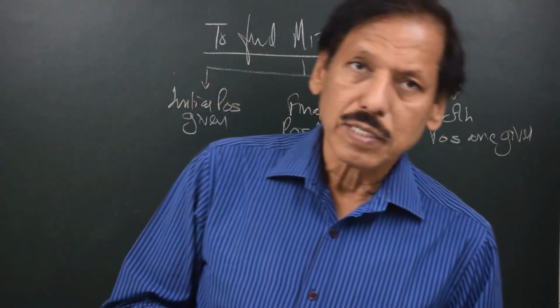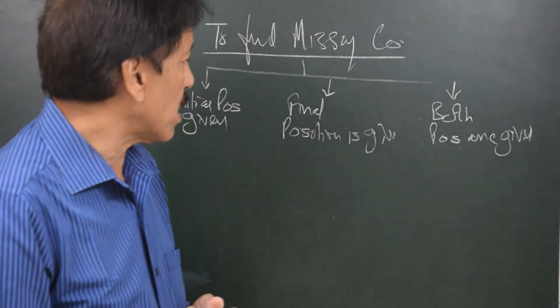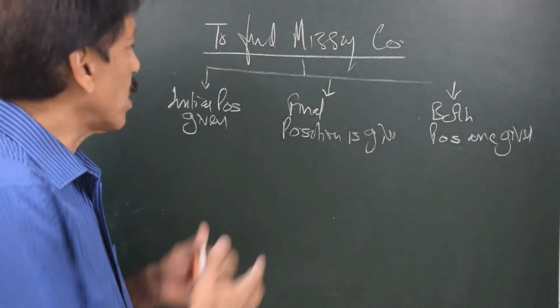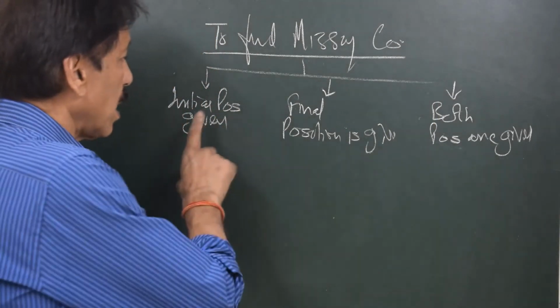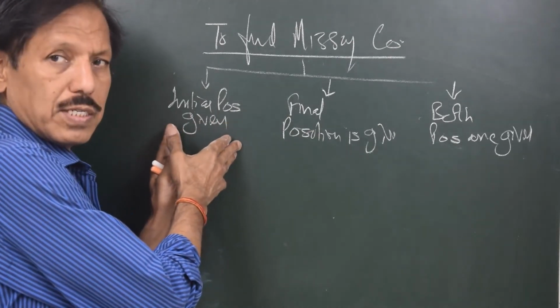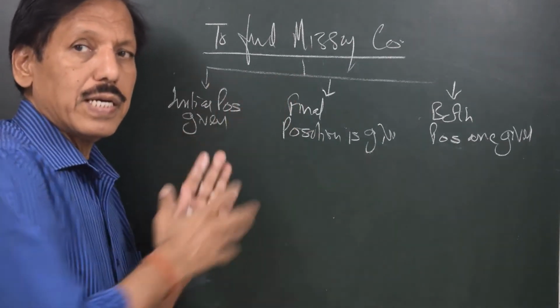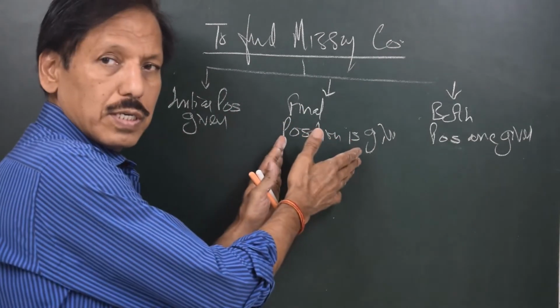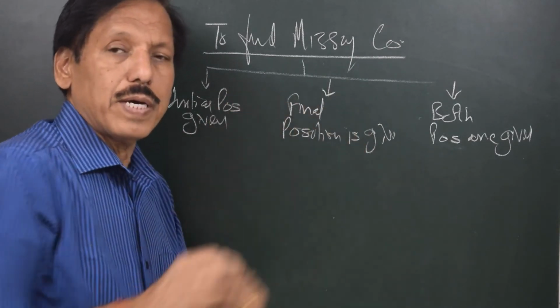So what happens is the known courses are put towards the fixed side. Like consider this one and this one. Here the initial position is given and the final bearing is given. Here the final position is given and the initial bearing is given.